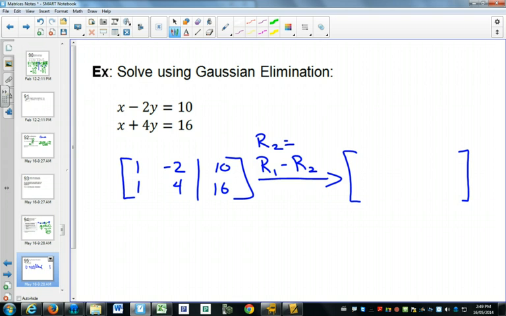Row 1 stays the same, 1, negative 2, and 10. But when I do row 1 minus row 2, 1 minus 1 will be 0. Negative 2 minus 4 will be negative 6. And 10 minus 16 will be negative 6.